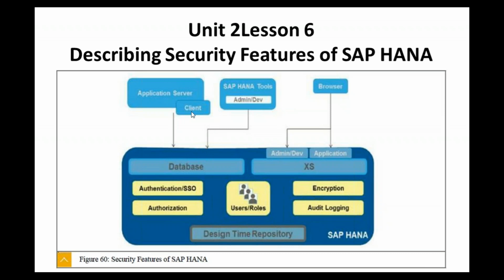And if it's an application server client, via username and password, then also we are connecting to the database. Only when we are logging in from the browser are we using the access engine. The access engine enables us to connect from the web login and various other systems also. We can log in to the SAP system through the access engine or the advanced access engine.